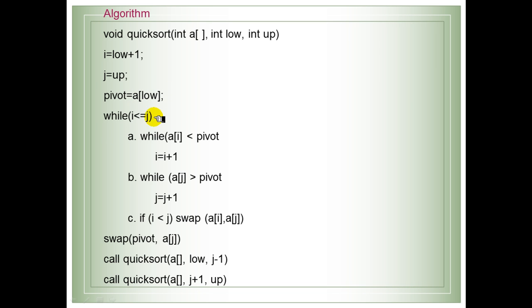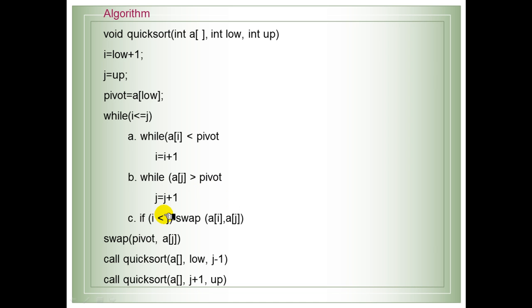We go for the loop wherein the indexes are less than. So while A of I is less than the pivot element, we increment the lower value, I is equal to I plus 1. This continues till we get an element greater than the pivot. And if it is greater, we stop this loop and come out and go for the next loop, A of j, which is checked with the pivot element, it has to be greater.